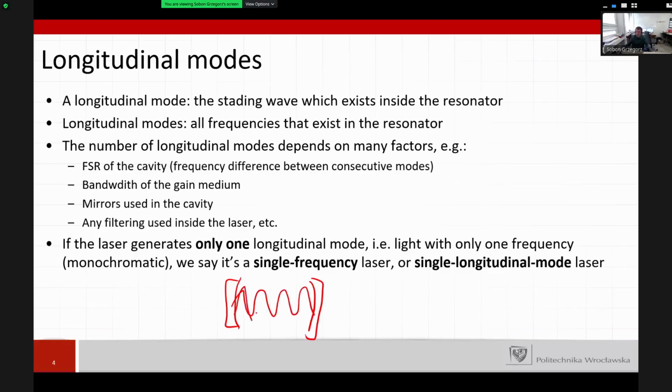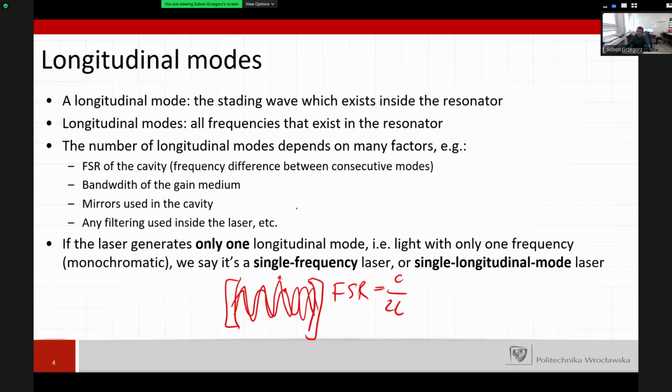There might be many longitudinal modes in the laser, and the frequency of these modes will differ between consecutive modes by the value called FSR, right? So this is c/2L, the free spectral range. So the longitudinal modes are all the frequencies that can exist in this resonator.